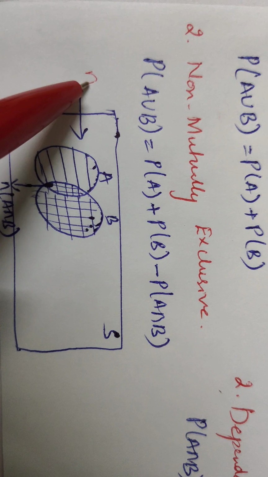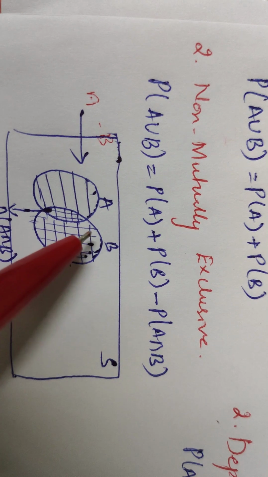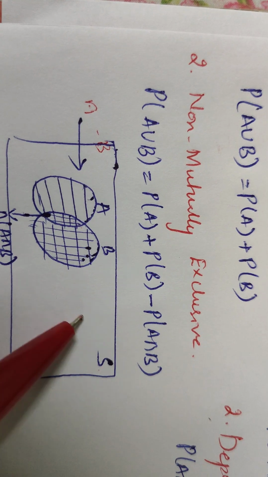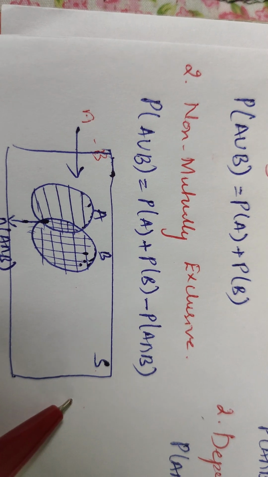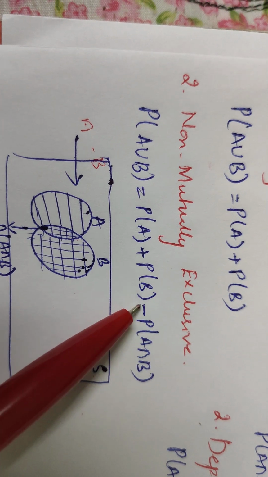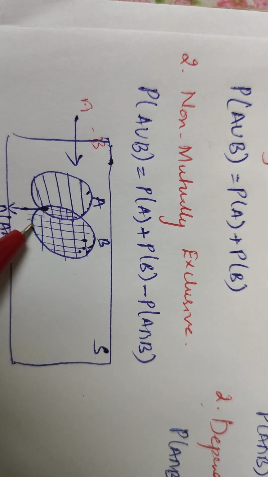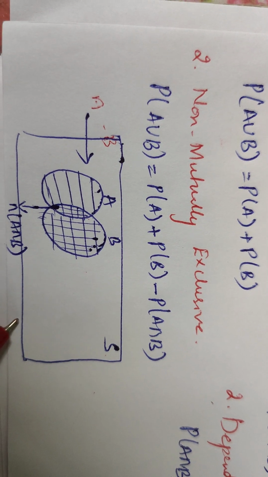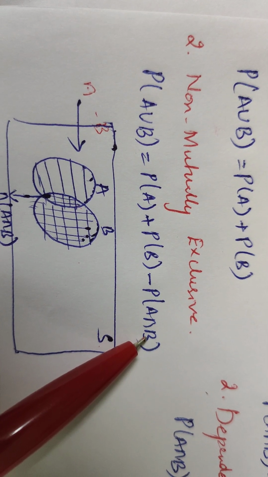If I want to see the occurrence of event A, then the common part of B coming over here I need to subtract. Similarly, for the occurrence of event B, that means B minus A, we subtract the part of A. Yes or no? Then only the probability of event B will be generated. Together with that, we remove this common part, A intersection B, n of A intersection B, or P of A intersection B. So this is for your non-mutually exclusive event.